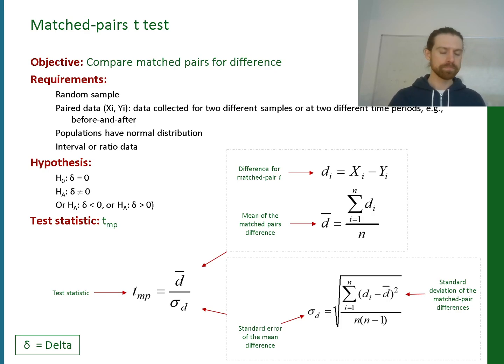Here we've got lowercase delta referring to our hypothesis. In the null hypothesis, delta is equal to 0. So we're saying that there's no difference between the before and the after data that we obtained for those entities that we surveyed.